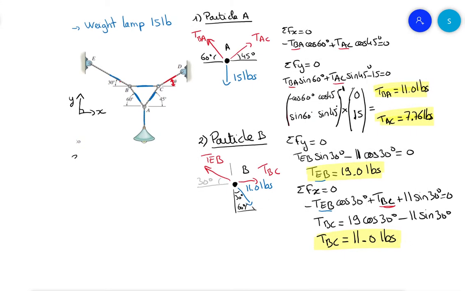So number 3, I will do the particle C. Particle C, the forces that we know: TBC, we found 11 pounds. And this one at 45 degrees is TAC, so that's 7.76 pounds, and we have a 45 degrees angle.